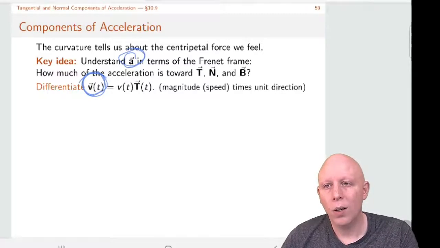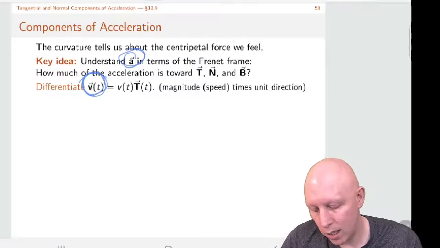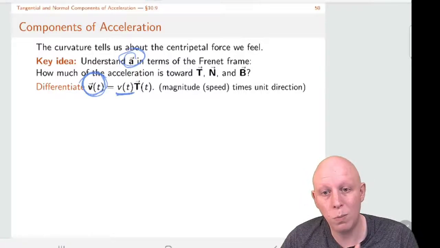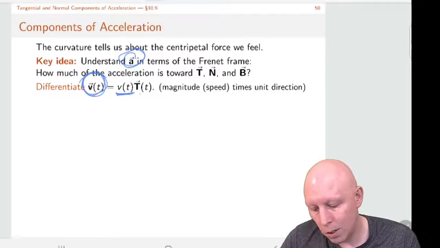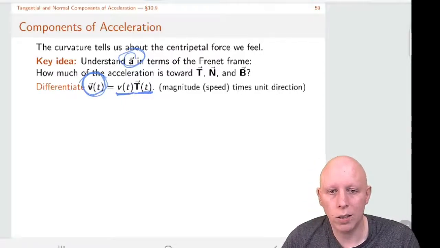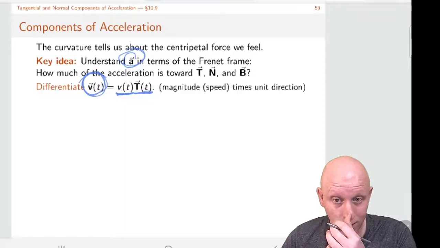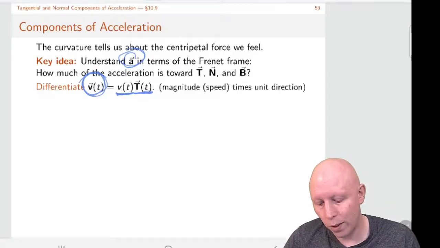And so how can we write down this v of t? Well, v of t is the speed of the function times the direction in which it's going. This v of t is some speed times the unit tangent vector.